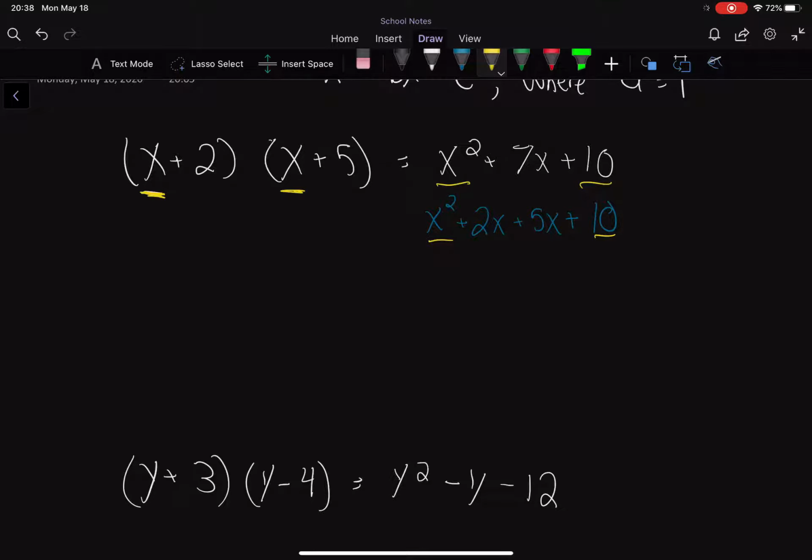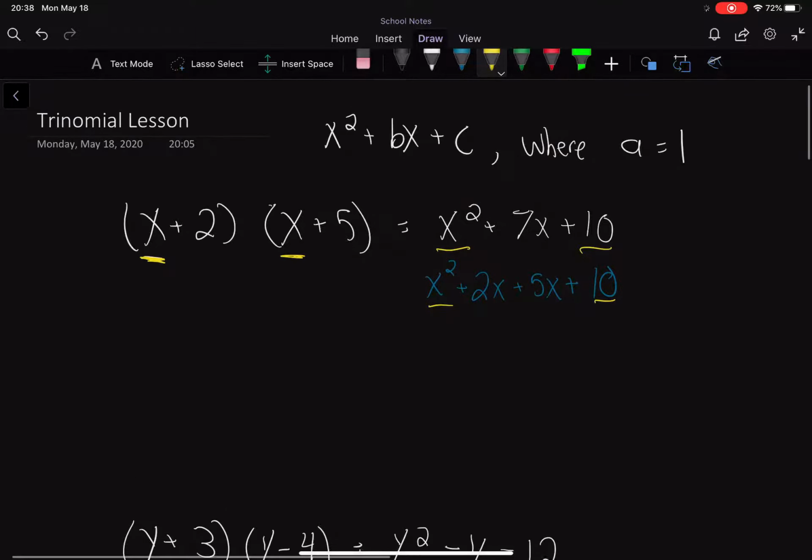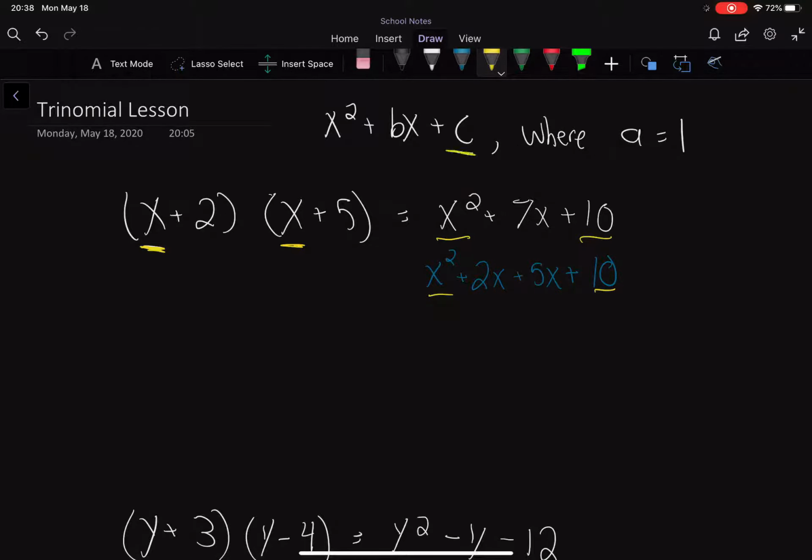Now, how do we figure out the other numbers? So we see here we have 10 and 10. This dictates this C term. C term is this last term here that doesn't have a variable attached to it. So I'll erase some of these yellow lines here just so we can see, which is the C term. So in this case, it's 10.